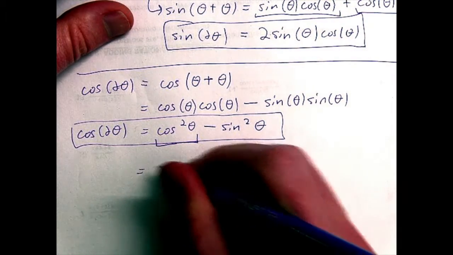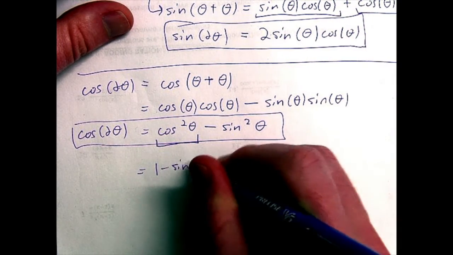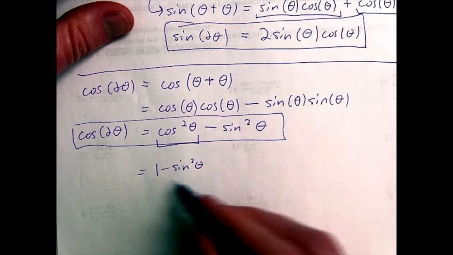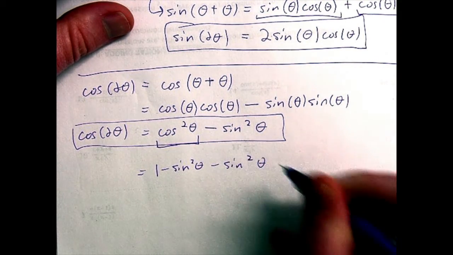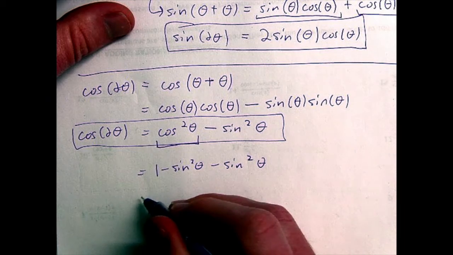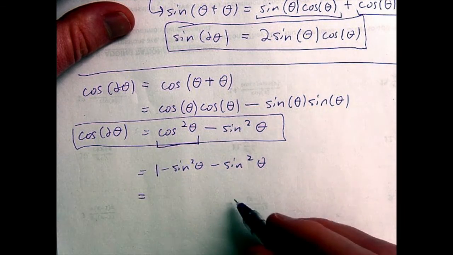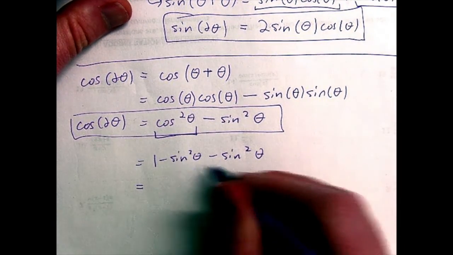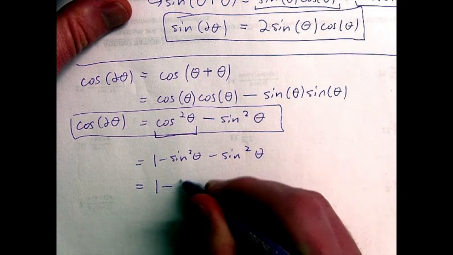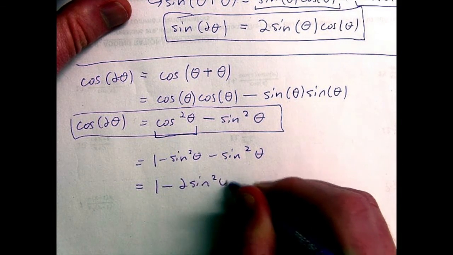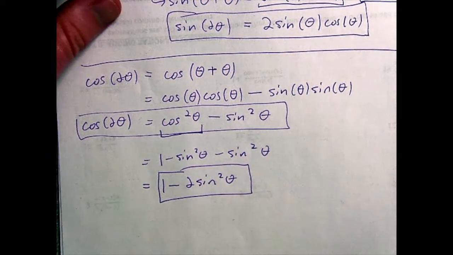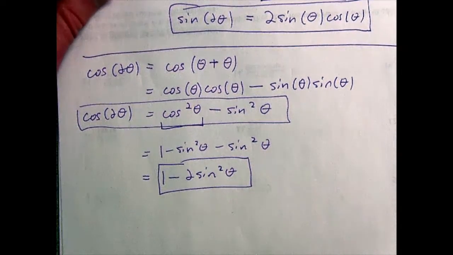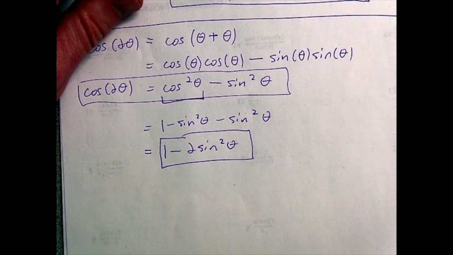If I do that, I get 1 minus sine squared theta, that's what cosine squared theta is, and then minus sine squared theta. Well, that's easy to simplify. We just have two copies of the negative sine squared theta, so that's 1 minus 2 sine squared theta. And that is an alternative formula, a second formula for cosine 2 theta. So that's another double angle formula for cosine.